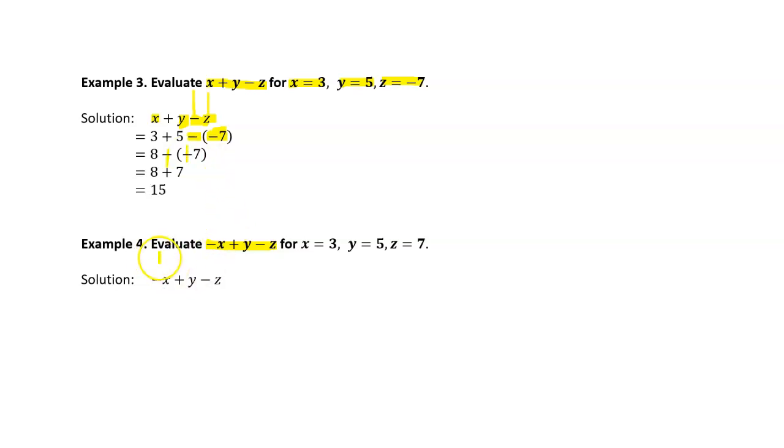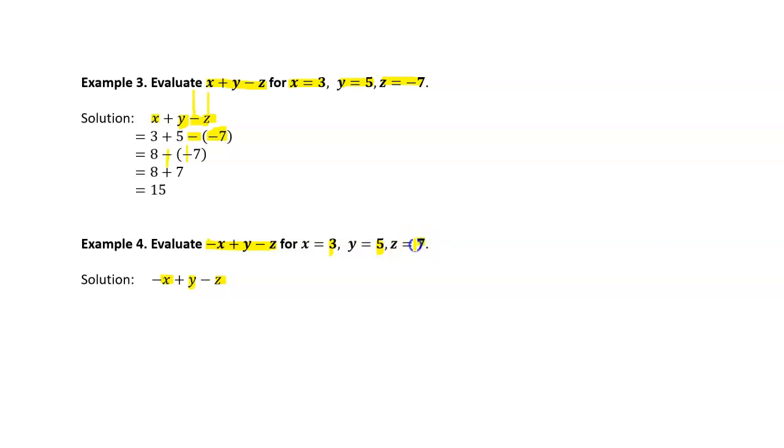Now, in the final example here, we're going to be doing the same thing. And notice that there's a minus sign in front of x. So x itself is positive. So I'm going to just replace x with 3, y with 5, and z with 7. So plug in those numbers here.